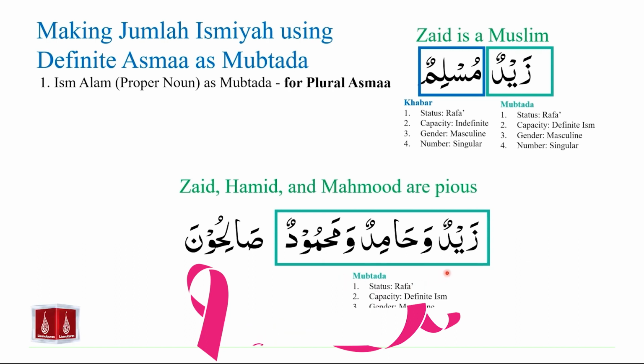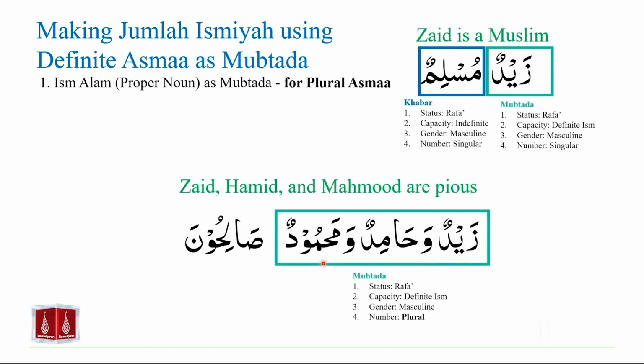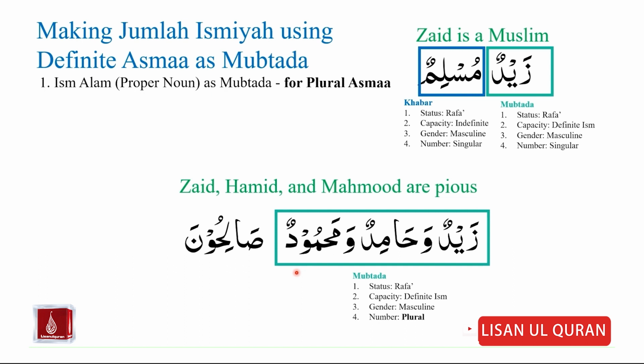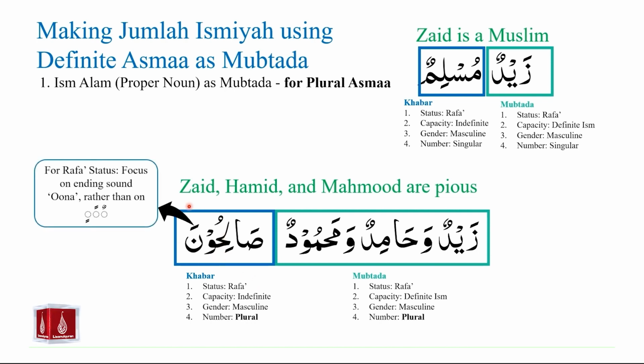Over here, Zaidun is in rafa status, Hamidun is in rafa status, Mahmudun is in rafa status. For Salihuna, it represents khabar, and Salihuna is in rafa status because of the una ending sound. Once again, please focus on the ending sound of una rather than on the presence of double pesh, double zabar or double zair.